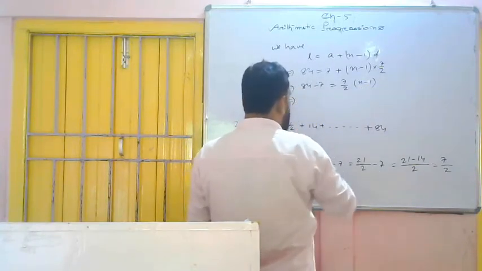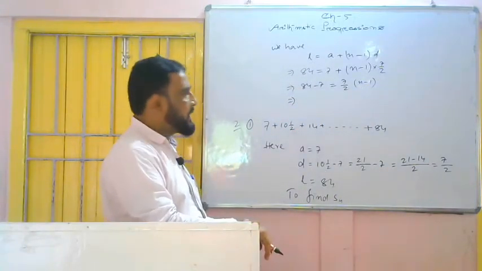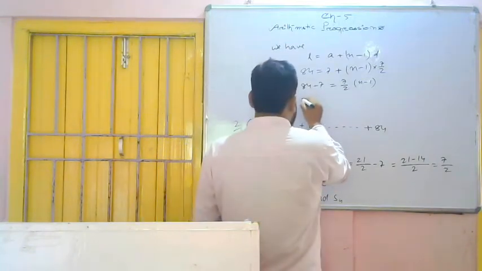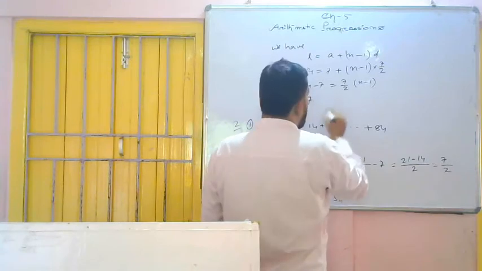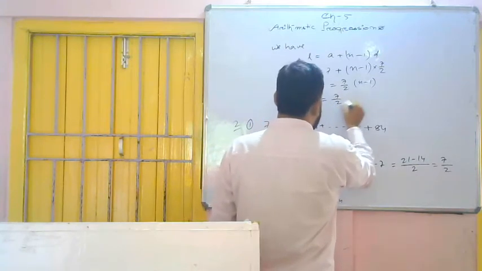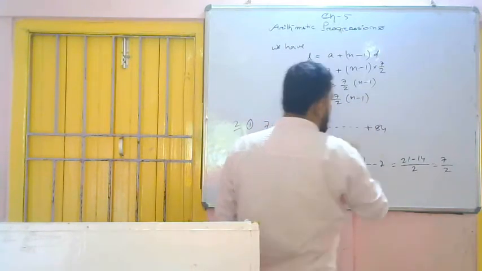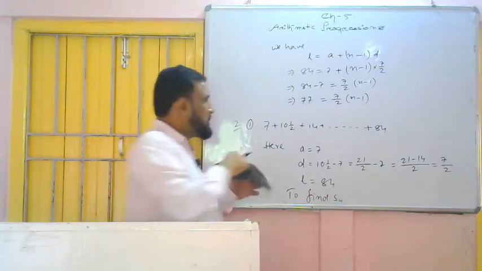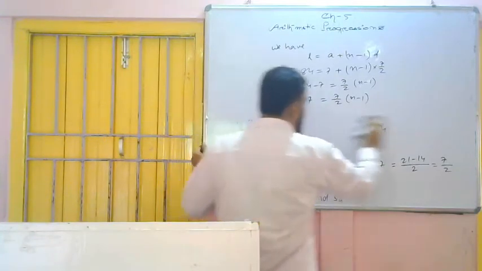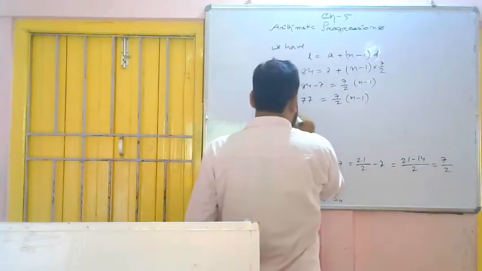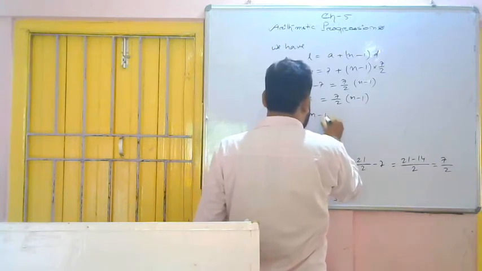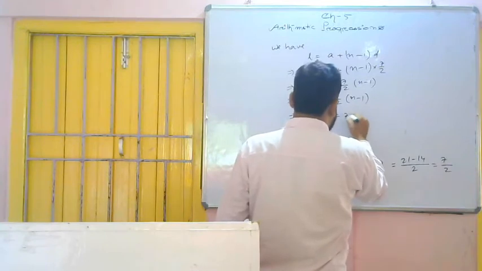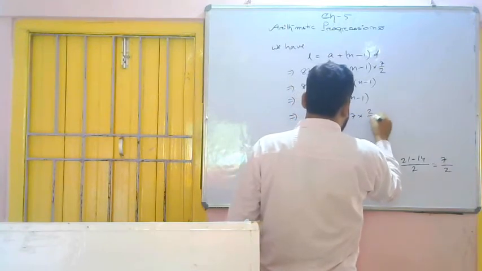So 84 minus 7, 77 is equal to 7 by 2 into n minus 1. So implies n minus 1 is equal to 77 into 2 by 7.